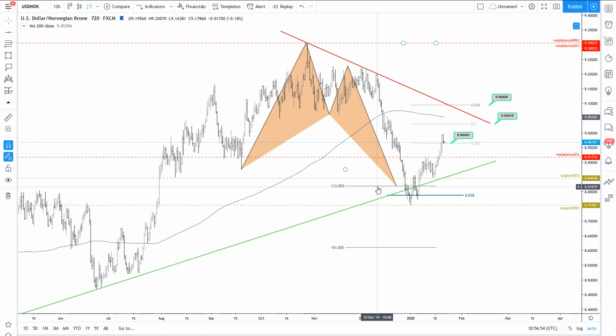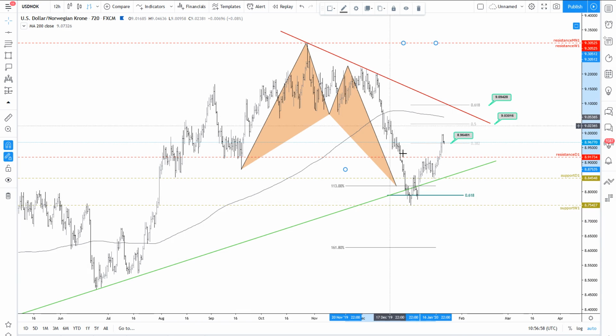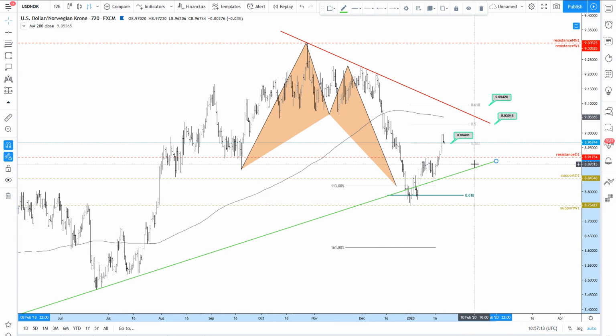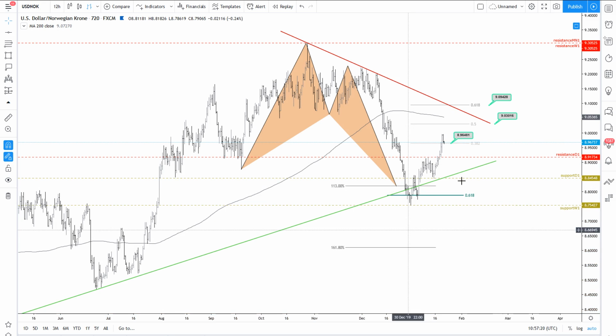And when I saw the 113% Fibonacci projected there, and when I saw the price starting to fall, I projected that pattern, saying, okay, there's a golden Fibonacci from these previous structural lows, there's a 113% Fib, and there's a major ascending trend line support. So if that pattern forms, I will try to take advantage of that pattern.